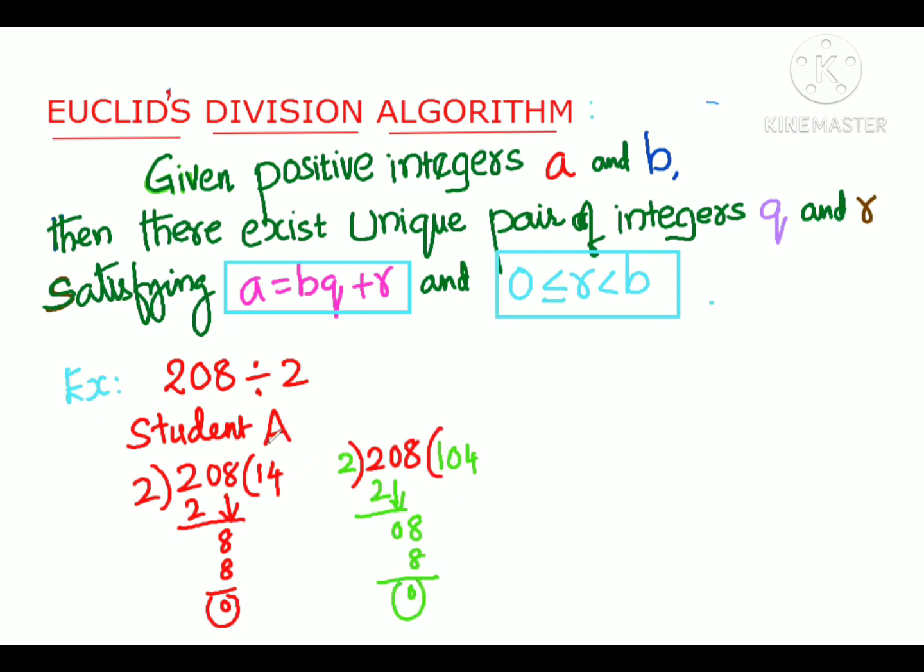In previous classes we verified the division process using the division algorithm: dividend is equal to divisor into quotient plus remainder.